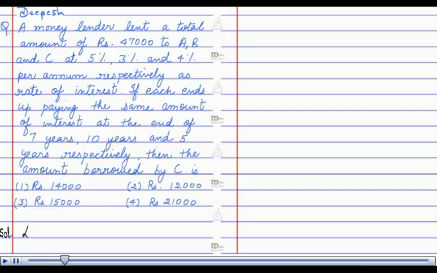Let us assume the principals of A and B be rupees X and rupees Y respectively.